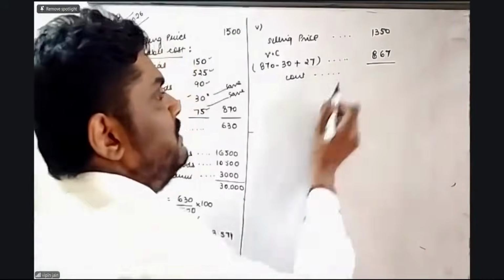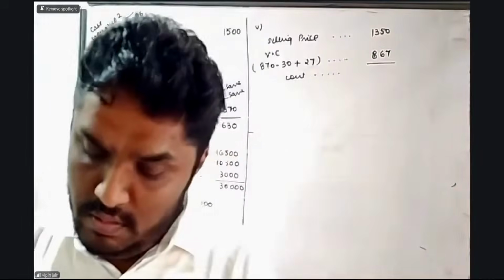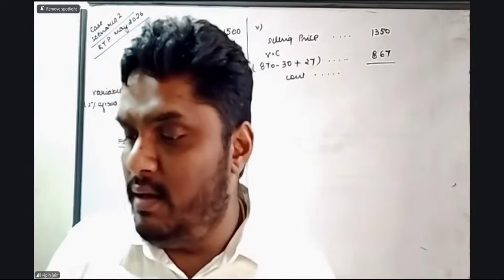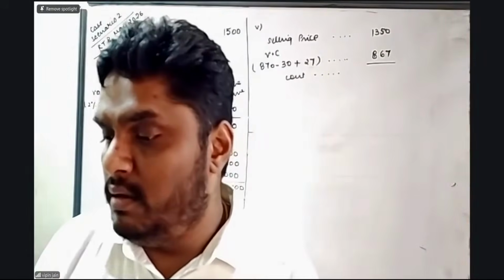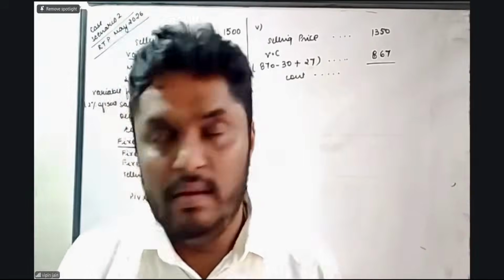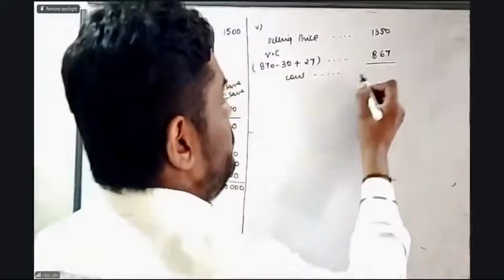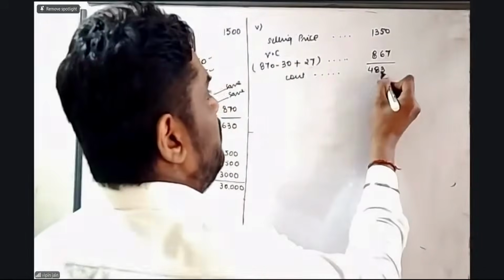So my contribution will be how much? This exercise we have already done in question number second. So anyway, since the price was constant, the contribution will be 483.